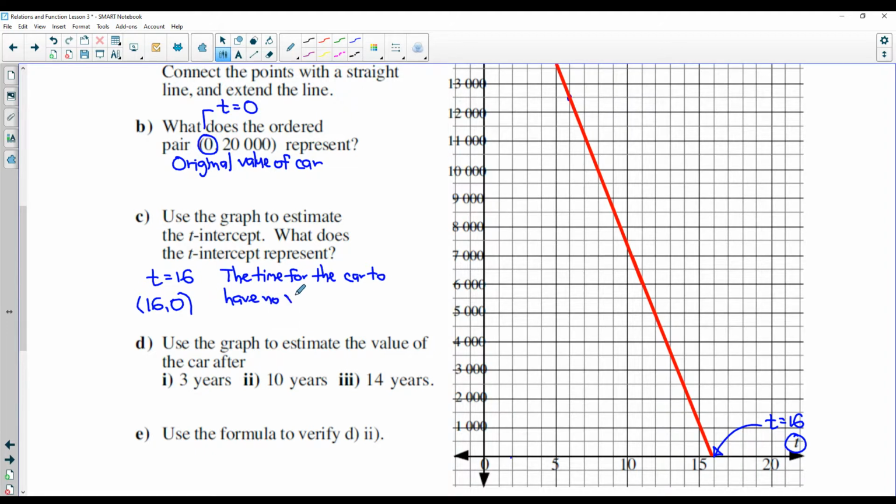I don't know how realistic that is. Cars are for sure a depreciating asset, but even if the car doesn't work at all, you could probably get some money for the parts. But anyways, let's not overcomplicate it here.